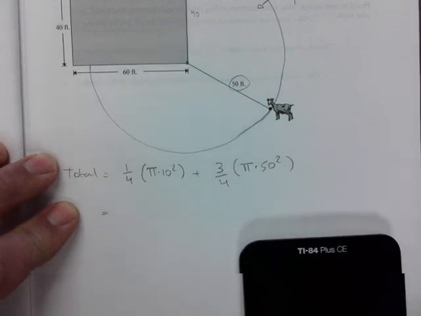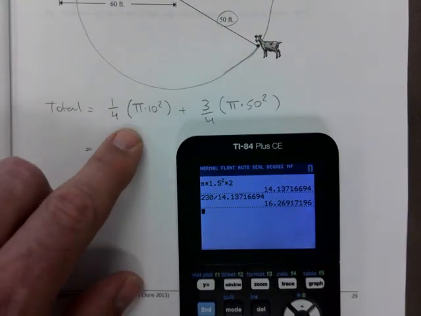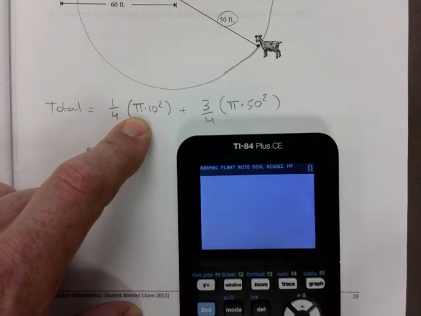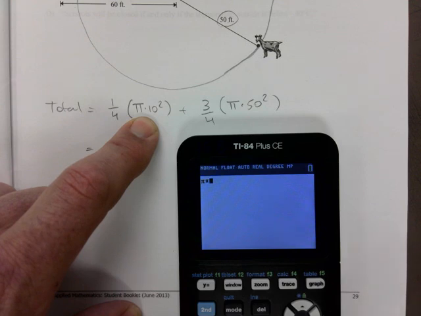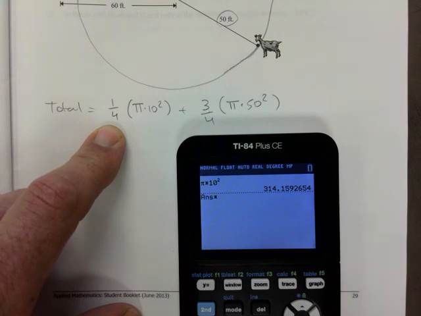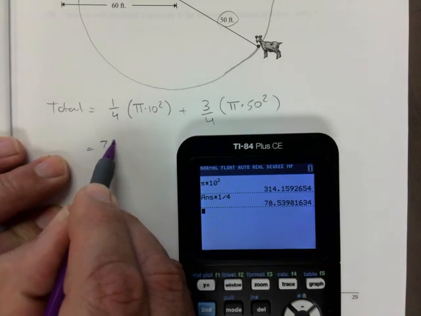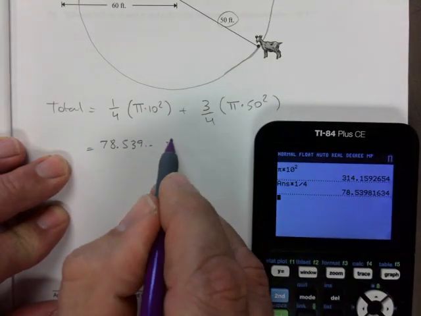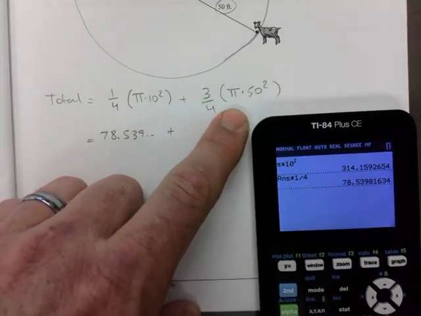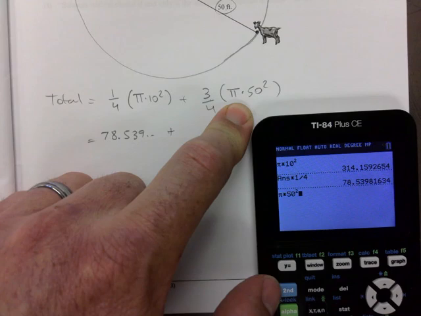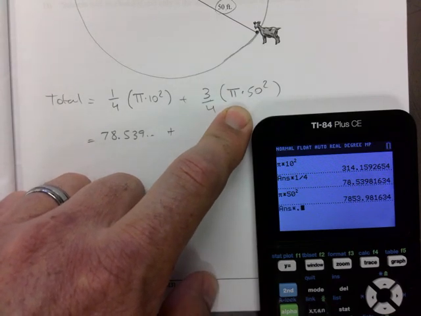And then it's just a matter of plugging this in. So I'll go with pi, let's clear first, pi times 10 squared times a quarter, so you can go times 1 divided by 4 or times 0.25, whatever you want. 7539 and something, plus 3/4 of the larger circle, so pi times 50 squared times 3/4.